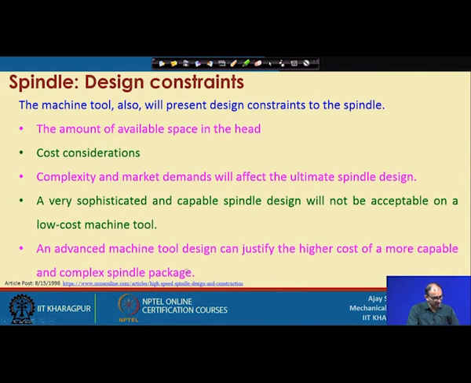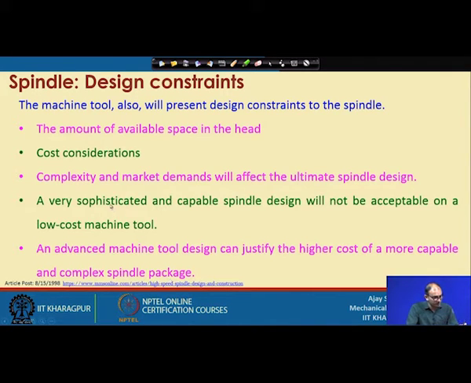An advanced machine tool design can justify the higher cost of a more capable and complex spindle package. First you have to find out the machine tool design. If stiffness, vibration damping capacity, and axis orthogonality are all fine tuned, then you can justify that the part you machine will be a high quality part.